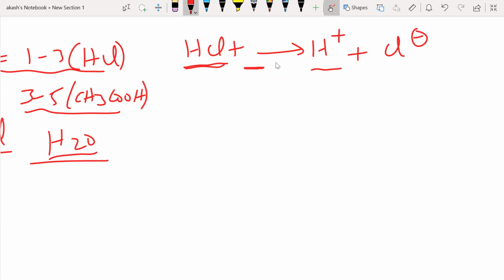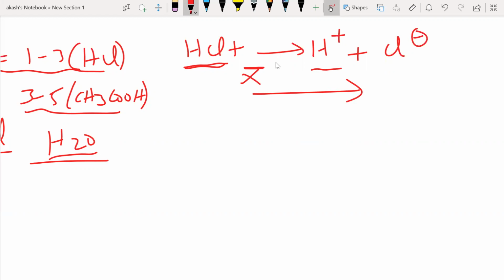Something can be regarded as an acid not only because it can give me H plus, but also depends on whether there is something in the solution which will be able to accept the H plus. Only then does this reaction go in the forward direction. If there's not enough substance to accept the H plus, the reaction is going to stop somewhere in between.